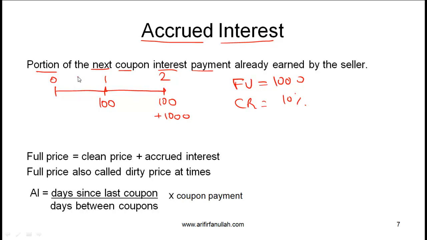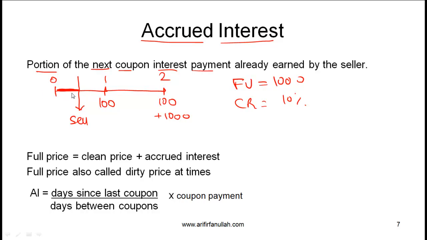Now say at the 6-month period, so after about 180 days, you decide to sell the bond. So you sell the bond to another investor. The point now is the person you sell the bond to is the one who is going to receive this entire coupon payment of 100, but you actually held the bond for a 6-month period, or half a year.